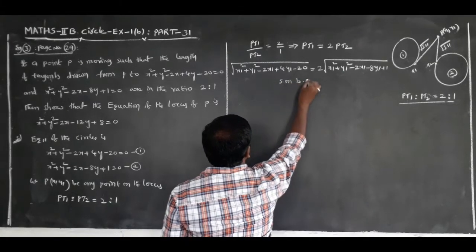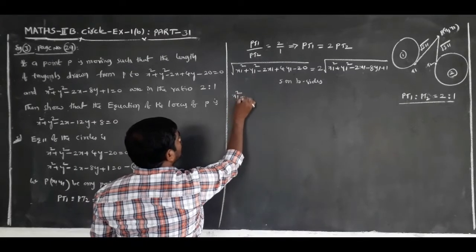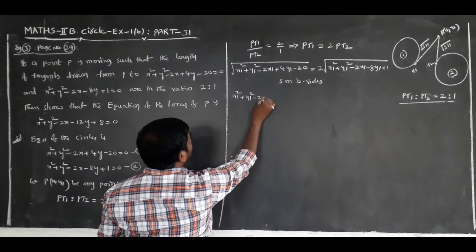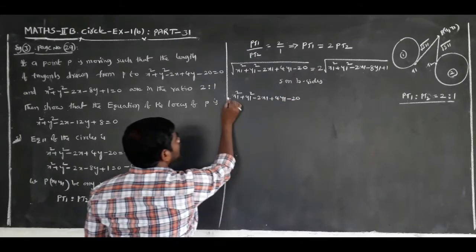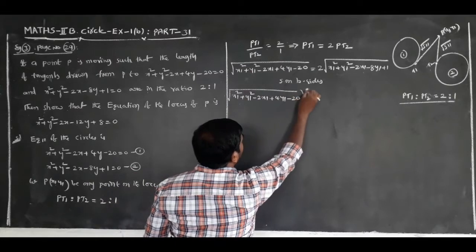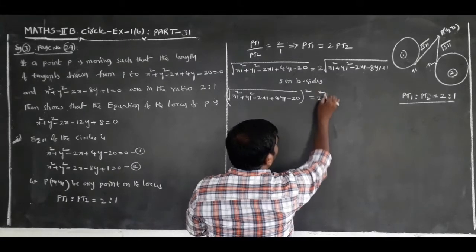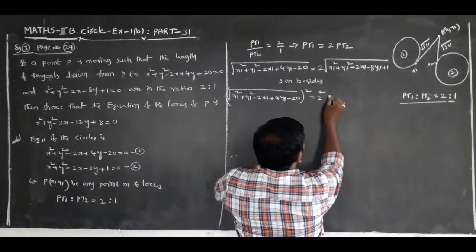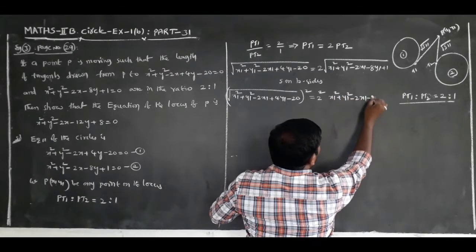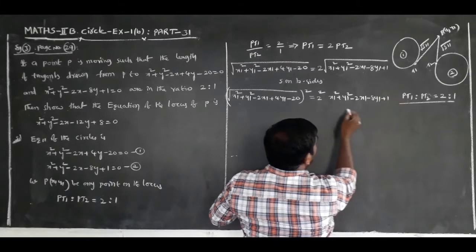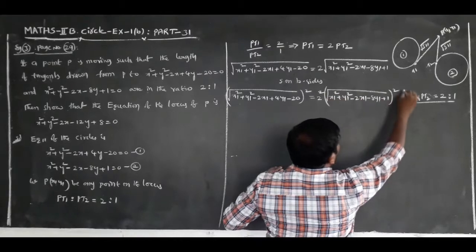Squaring on both sides. Under root of x1 square plus y1 square minus 2x1 plus 4y1 minus 20, whole square, is equal to 2 square into under root of x1 square plus y1 square minus 2x1 minus 8y1 plus 1, whole square.